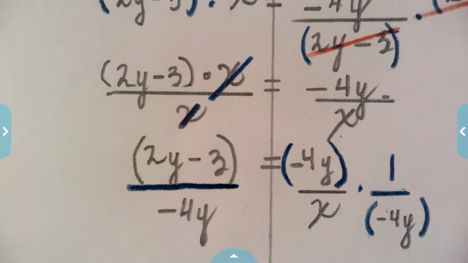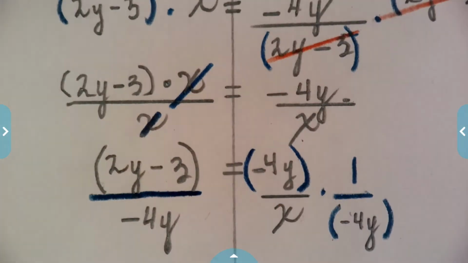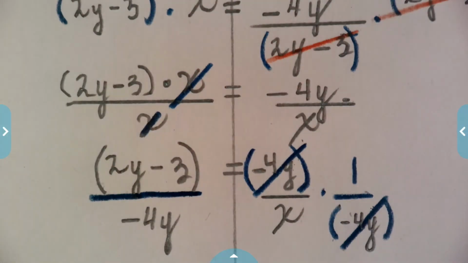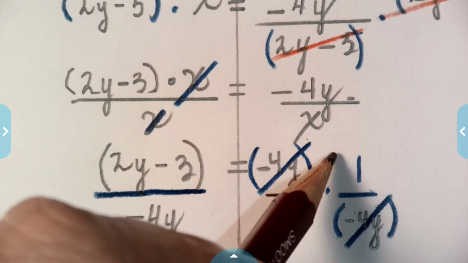Okay, so now on the right, what has happened? Well, these canceled out. The x is in the denominator. There's a 1 in the numerator.